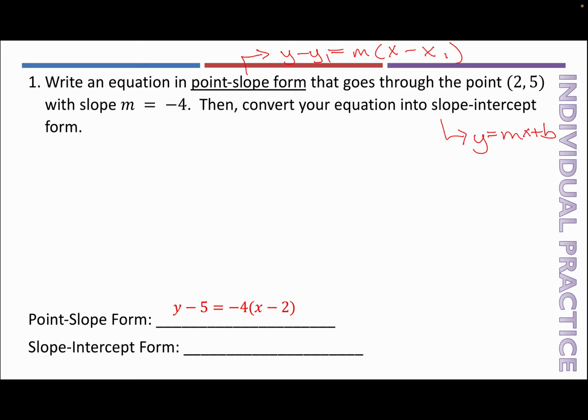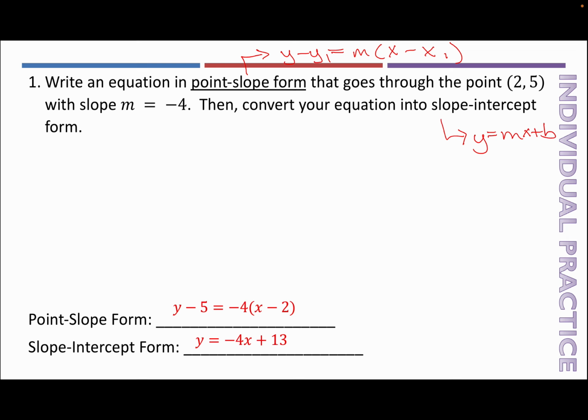Okay, so this should be your equation in point slope form. You can see where I plugged in the slope and the point. And then when I solved for y, converted it into slope intercept form, this is what I ended up with.